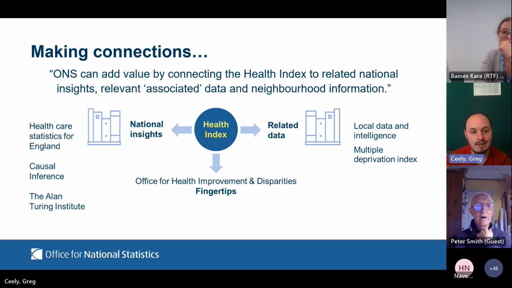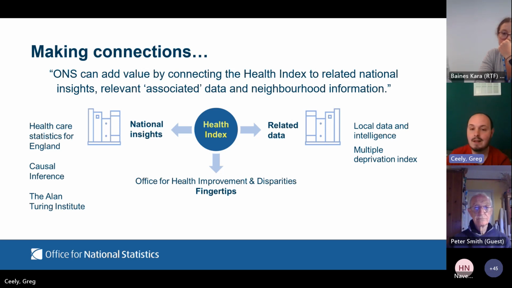This has led to the idea that we could bookend the Health Index, adding value at one end by signposting national insights, particularly those from ONS data, and at the other end by considering more granular data, such as the census, the IMD, and local data, which you'll hear more about very soon. We recognise the value of exploring the Health Index alongside these wider and more granular data.